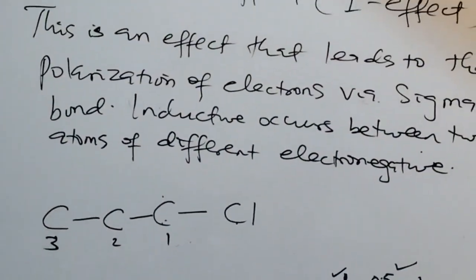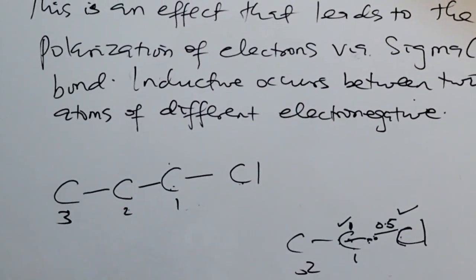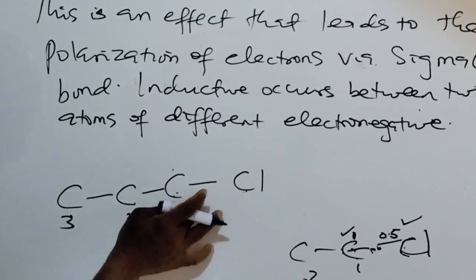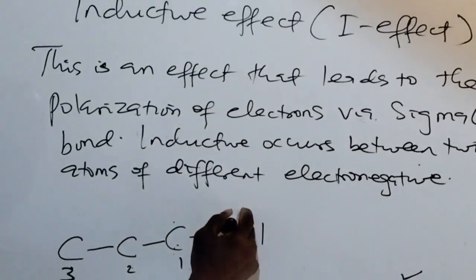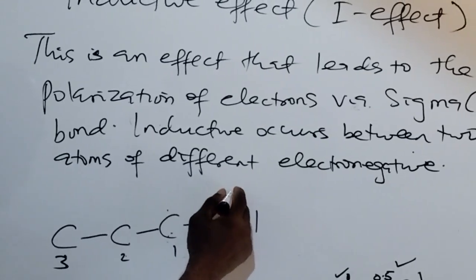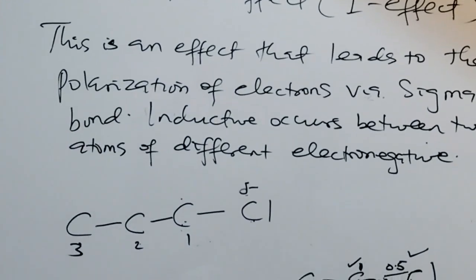So looking at this illustration, we look at chlorine and we look at carbon. Because chlorine is more electronegative than carbon, the electron will shift closer to chlorine than carbon. We now give the chlorine atom a partial negative sign. Because we know in chemistry, when an atom accepts an electron, it becomes totally negatively charged.